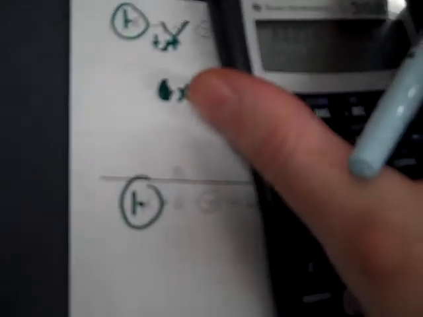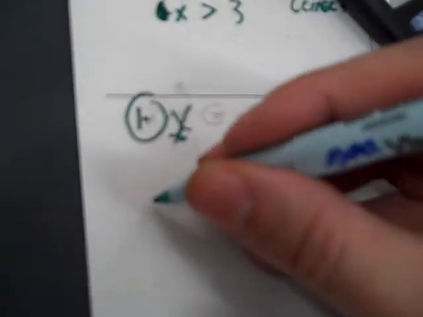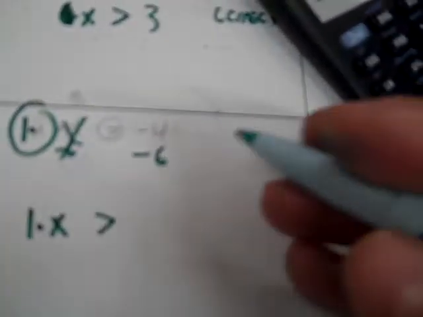Okay, next one, x plus 6 is greater than negative 4. So I put the 1 in front, dot it, and circle it. So we have a plus 6. We need to get rid of that 6 by subtracting 6. And 1 dot x. Negative 4 minus 6 is going to be negative 10.